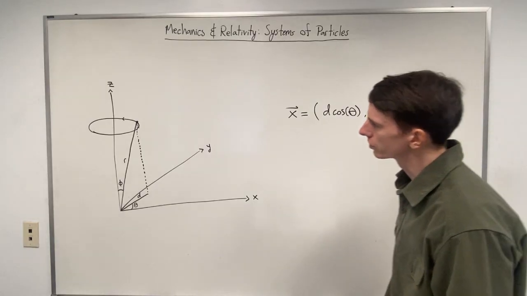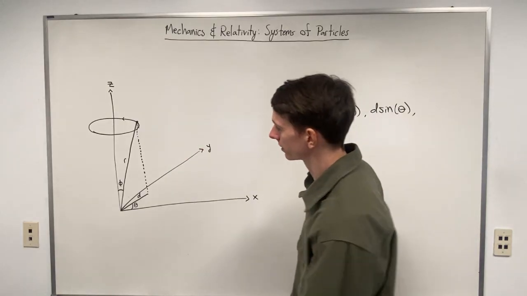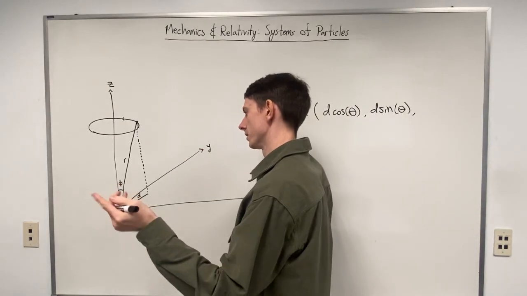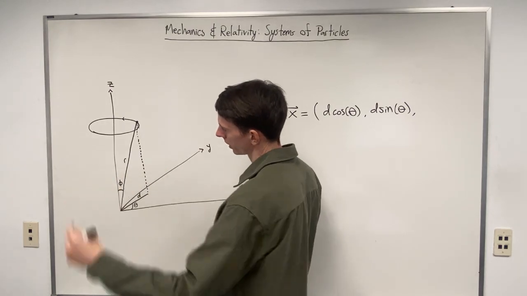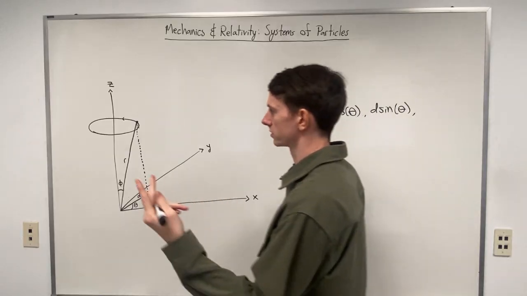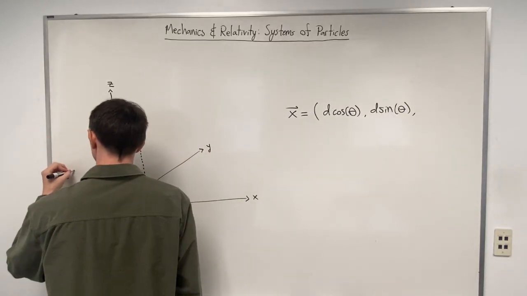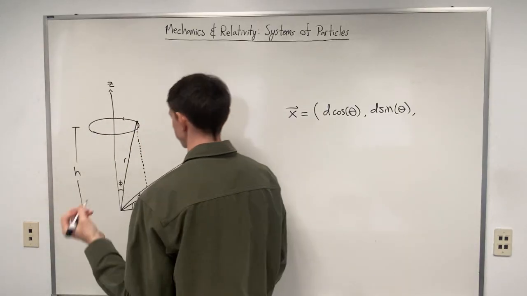And then for the z position, the way that we'd write this in terms of spherical coordinates is to say that we'd have r times cosine of phi, right? But r and phi are both constants. So maybe what we could do is make up some fixed height that the circle exists at, h.